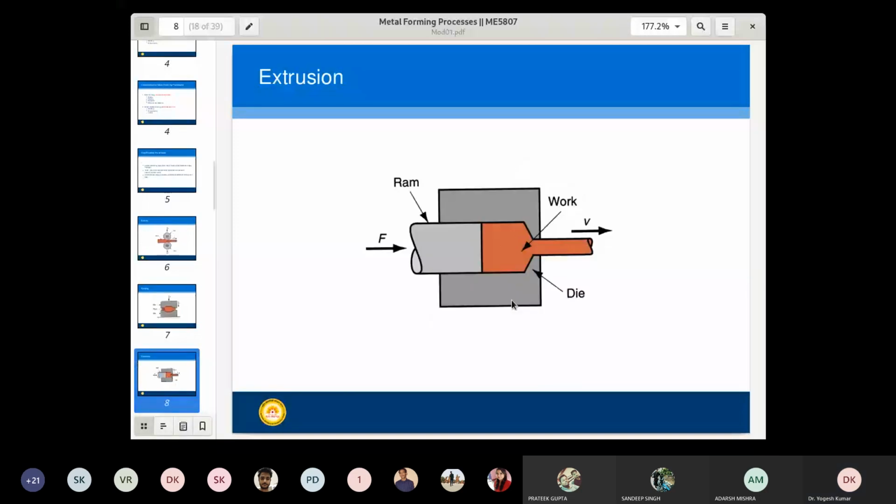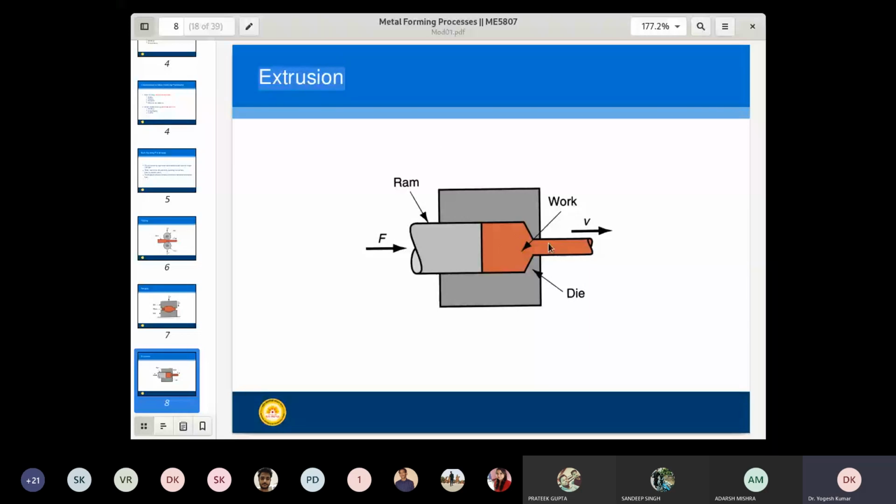Okay. And we have another type of bulk metal forming process. I'm just giving an overview of these processes. We will discuss in detail in coming lectures, because we are going to extend these processes in a later part of this course. Okay, so another type of bulk metal forming process is the extrusion process.